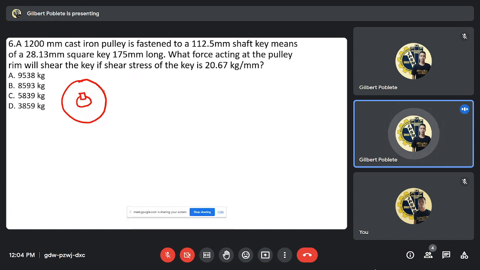So dito meron daw tayong diameter ng pulley is 1,000. Meron tayong 1,200 millimeter. Tapos meron naman tayong diameter ng shaft na 112.5.